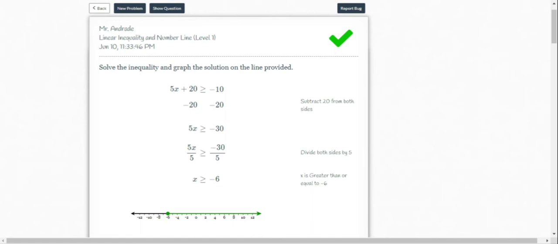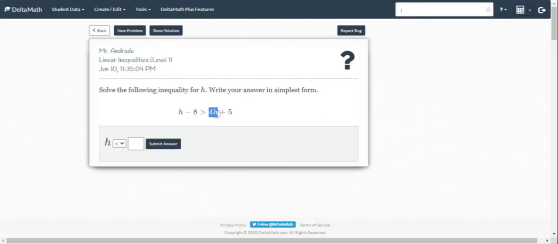So next up, we have to solve linear inequalities, and we're just doing level 1. It says to solve the following inequality for h. Write your answer in its simplest form. Now, because we don't have just one h, we need to bring the h's together before we start this. So that 4h is going to be brought to the other side to give me negative 3h.